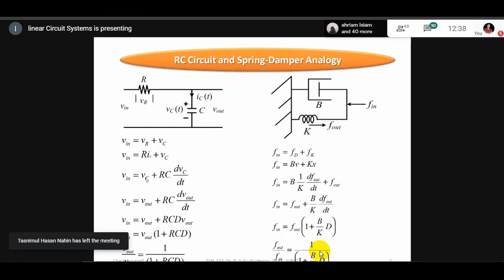Then we found that V in is V out plus RC d V out by dt. Now considering d by dt as capital D, V in equals V out plus RC D V out. Taking out the V out component, V in equals V out times 1 plus RCD. Then V out divided by V in equals 1 over 1 plus RCD. What is RC? Can you remember what RC is? Sharifur Rahman, what is RC?